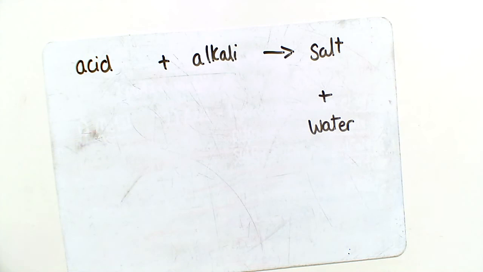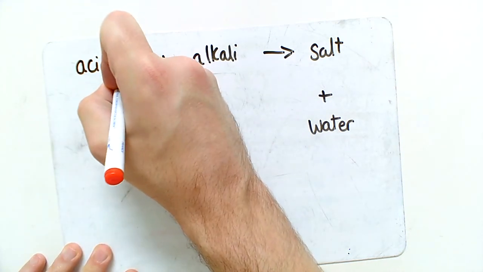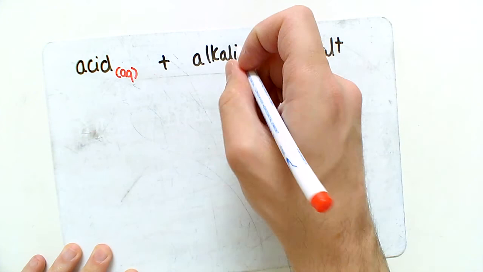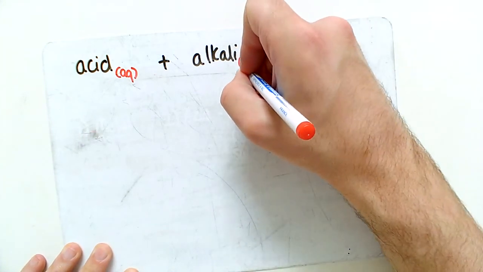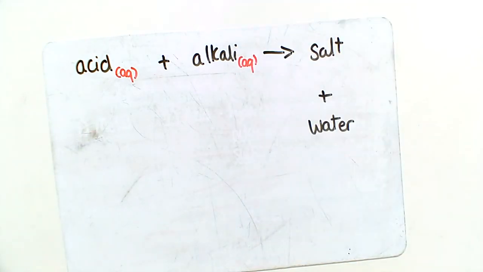But our starting acid is going to be AQ. This alkali, that's going to be AQ as well, if it's an alkali. Some bases might be solid, but alkalis are always going to be that.